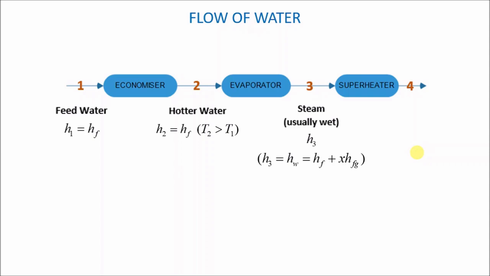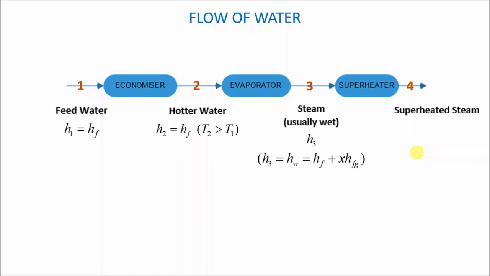So you have hot water in a liquid form getting into the evaporator, and out of the evaporator what you have is steam, which is usually wet steam, okay. So it's an HW, and then that wet steam gets into the superheater, and the purpose of the superheater is to superheat the steam. So naturally at state 4, out of the superheater, what you're going to have is superheated steam, okay.